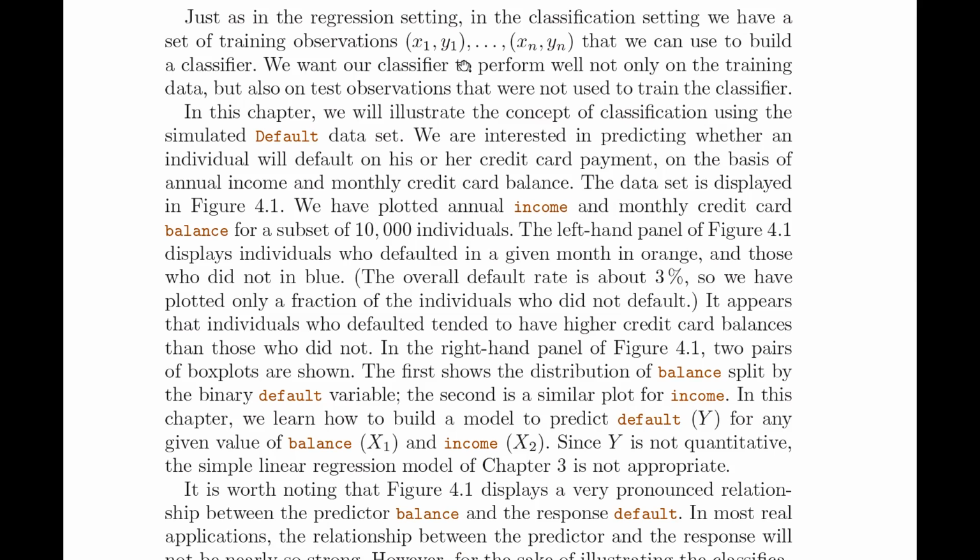So x1, y1 until xn, yn, that we can use to build a classifier. We want our classifier to perform well, not only on the training data, but also on the test observations, that were not used to train the classifier.